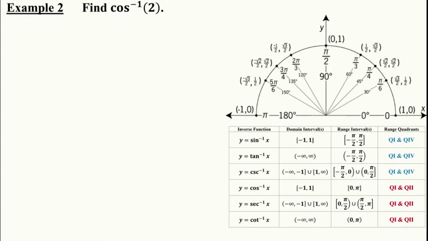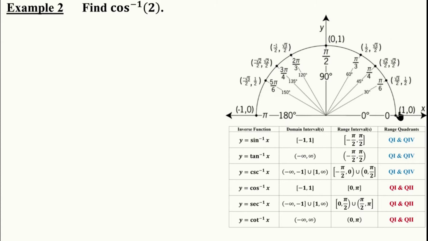This one is actually going to be quite quick, as you probably know, because we just put these here for reference. But when we see inverse cosine of 2, remember what that means. That means some angle between 0 and pi whose cosine, or whose x value of the associated point on the unit circle, is 2.